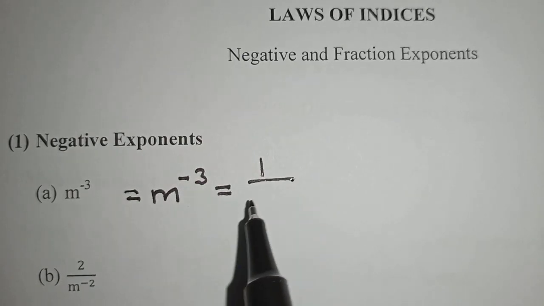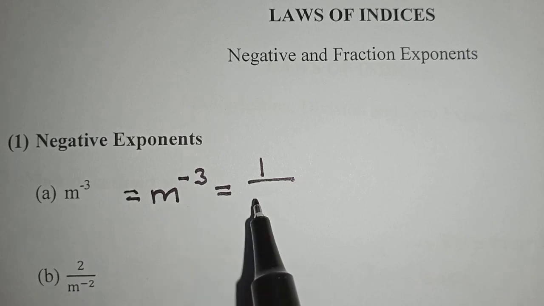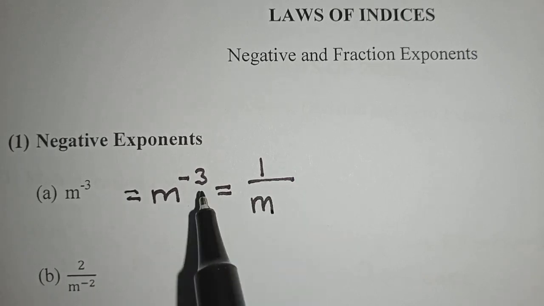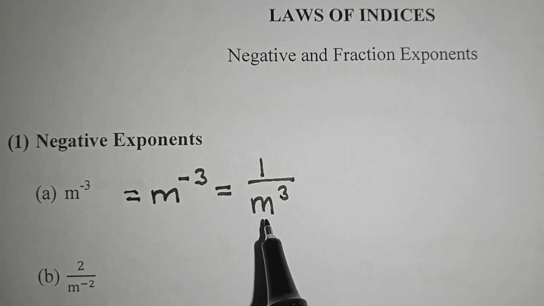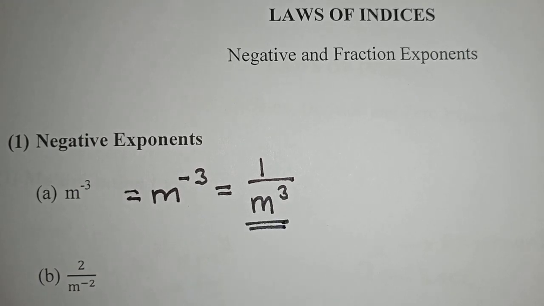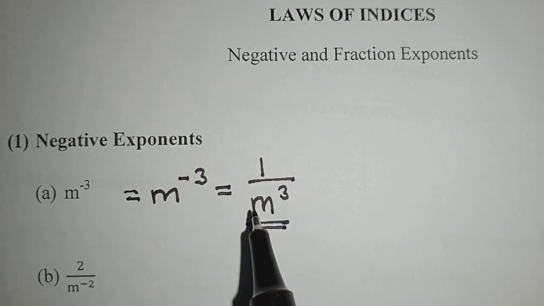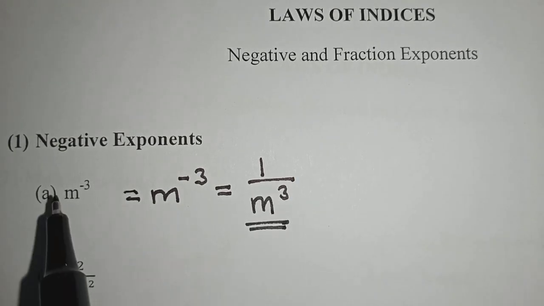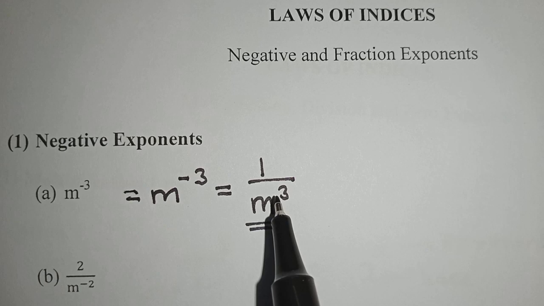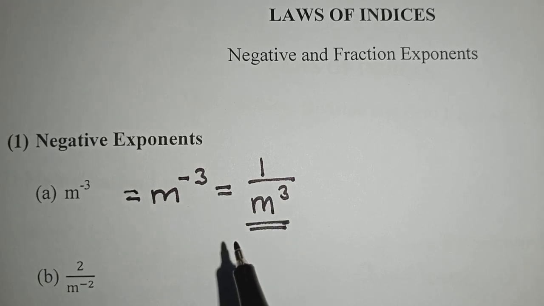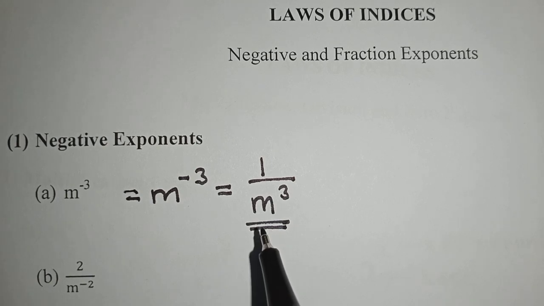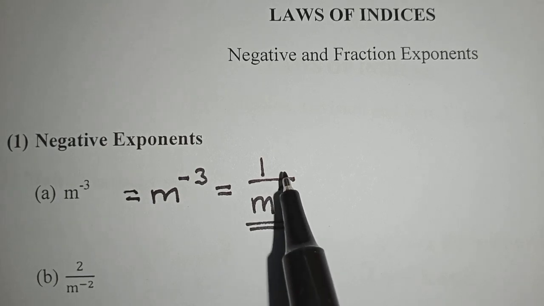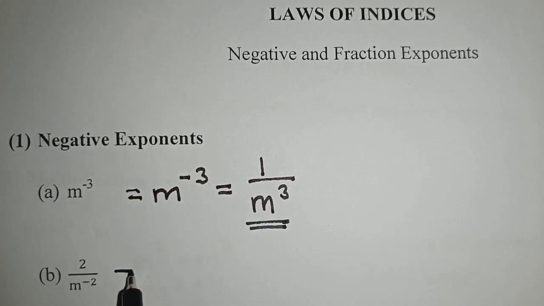We just apply a 1 over the same m, and the power this time around, you write it as positive. So this is the other way. So if you don't want to write it like this, you write it like this. Or I will say, if you have a negative power, try to change it to a positive power, and it will look like this.